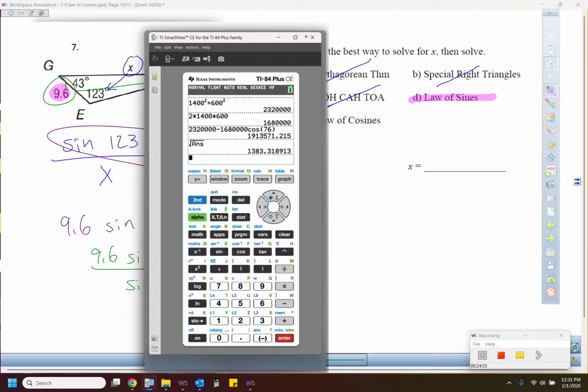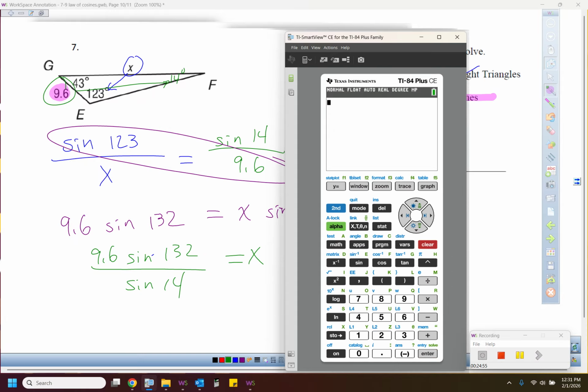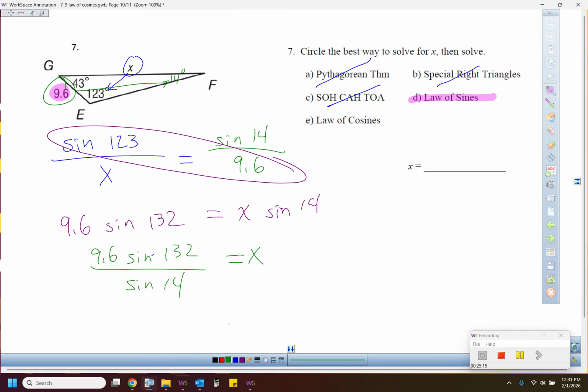I'll do the numerator first. So that is 9.6 sine of 123, divided by the sine of 14. And I got that to be about 29.5. So about 29.5.